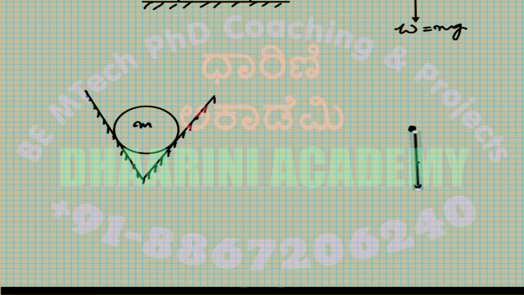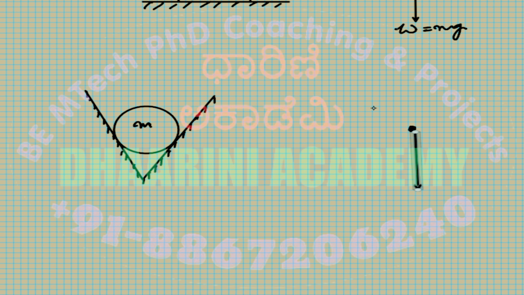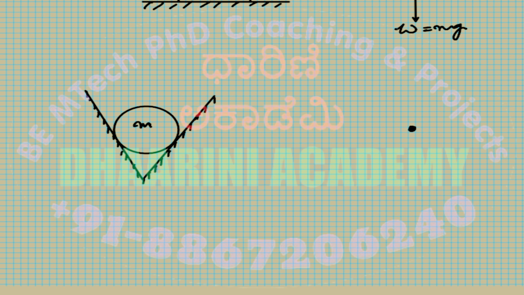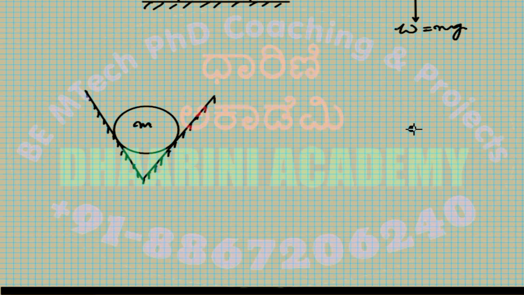So this is the obvious case where the body's weight acts perpendicularly downwards. So we indicate that like this. Okay, so this is that force which we were talking about, acting downwards. So this is the weight of this object.